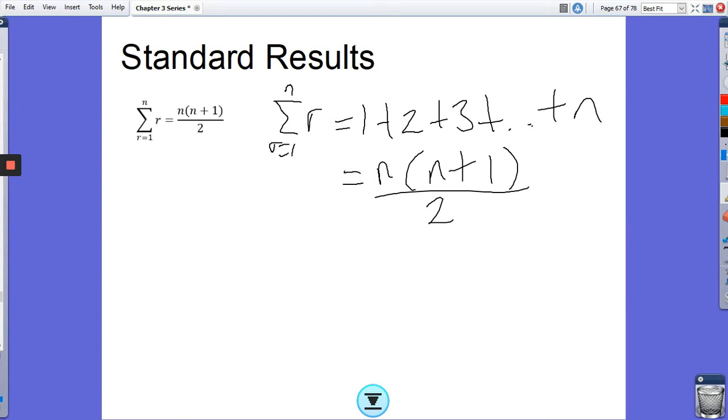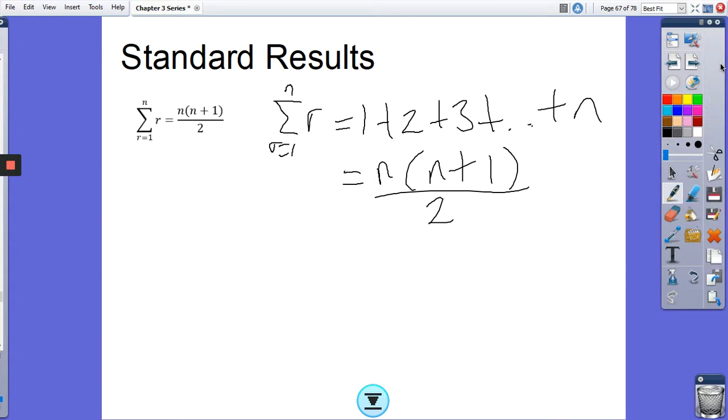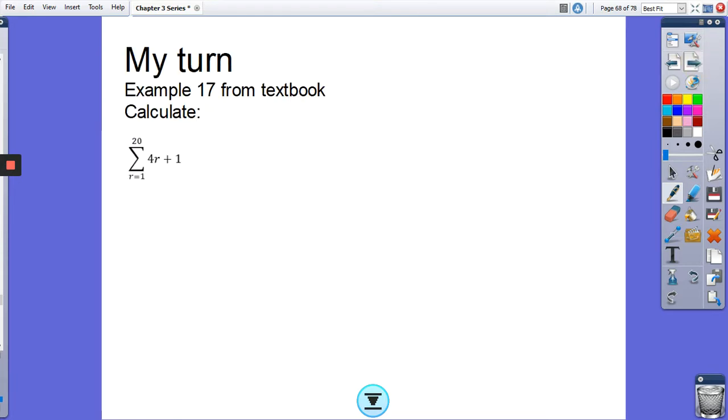Let's now look at an example from the textbook. I'm going to do it differently to the textbook, because the textbook doesn't use the standard results, even though we're going to use those here.